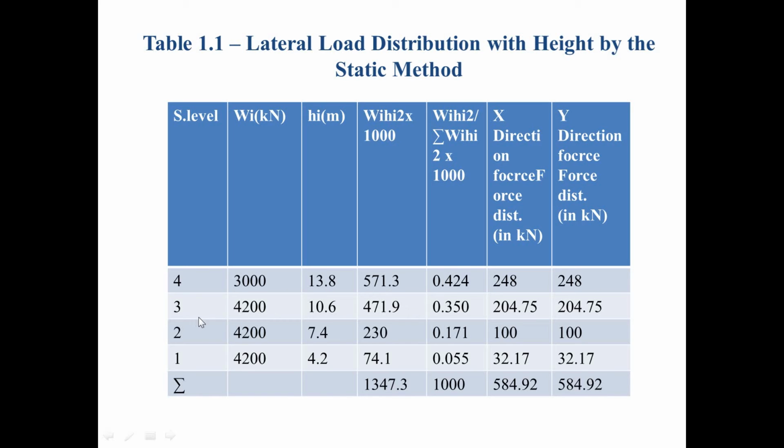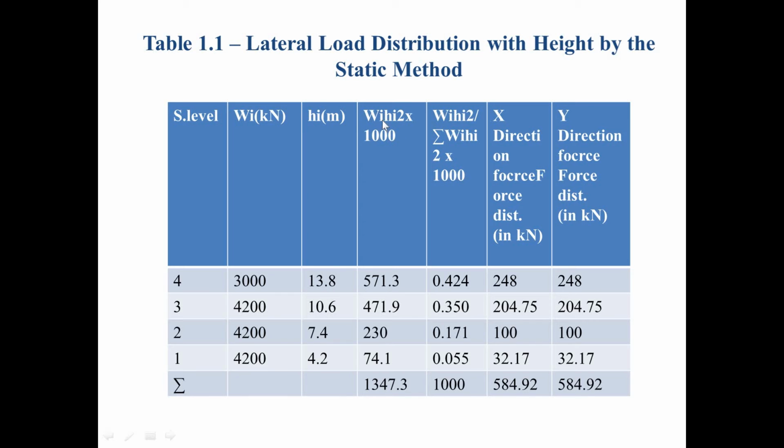Then below that, third floor, so this height will be calculated from bottom to the respective floor. So 4.2 is the height from bottom to first story. 7.4 height will be the story height calculated from the bottom to the second story level. Similarly, we have to calculate till roof story, that is 13.8.